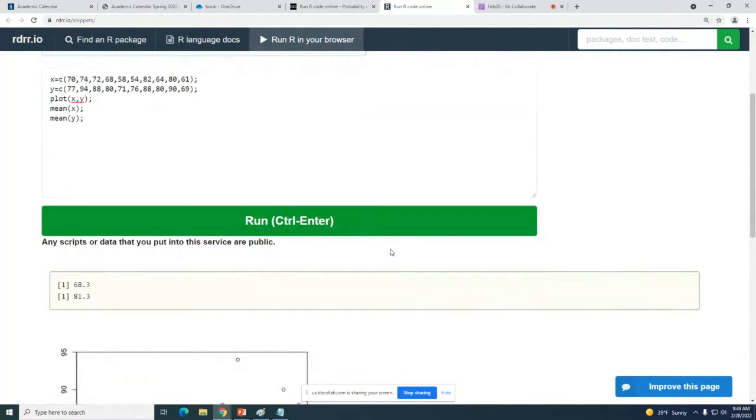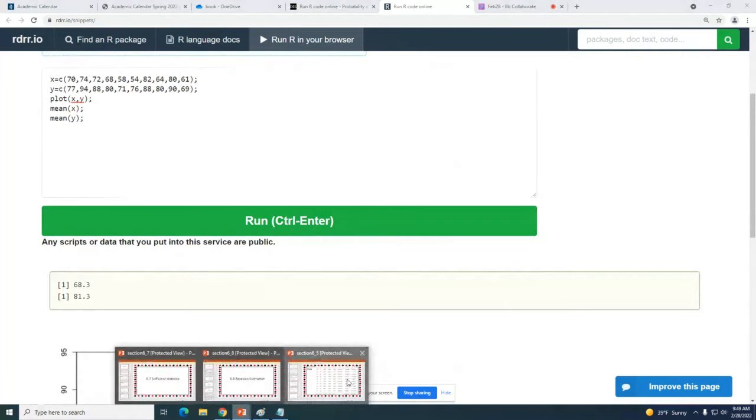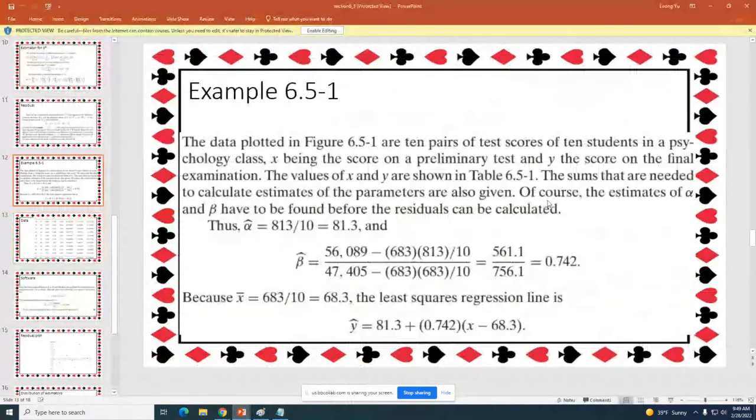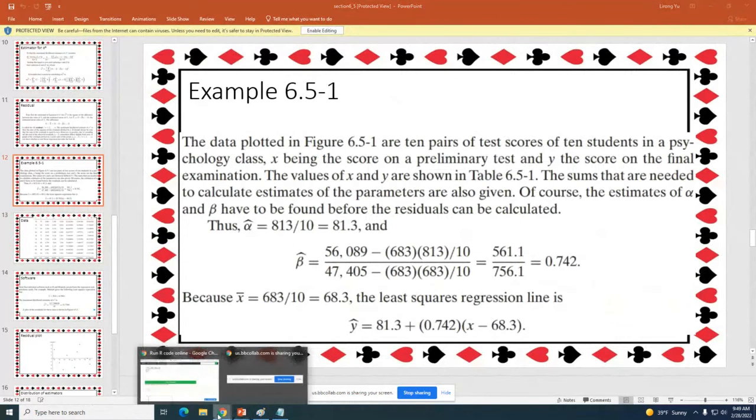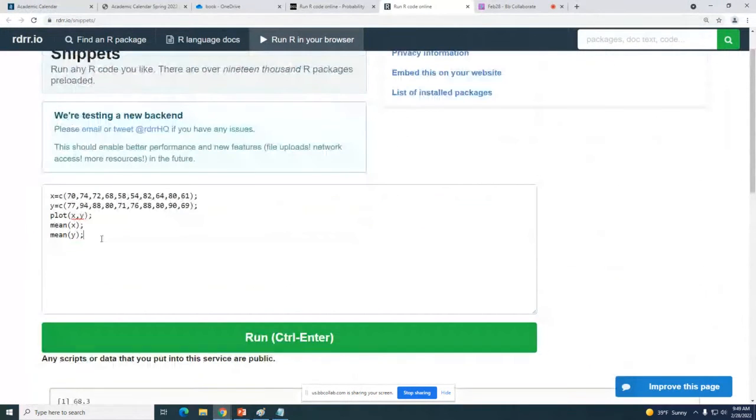We end up getting this, and that's exactly the same as you see in the textbook solution. So that's our X bar, and then we also have the Y bar. Okay. And then we also have the beta, and I'm just going to let the computer do the calculation.